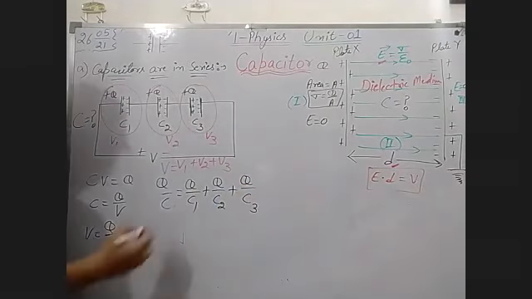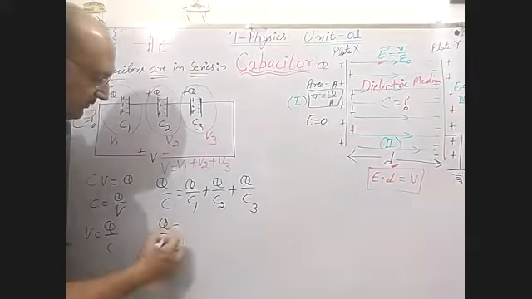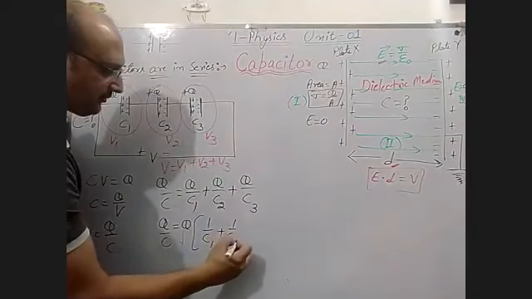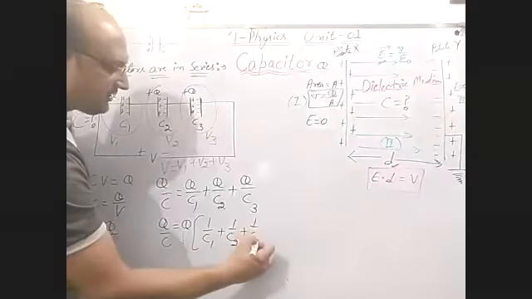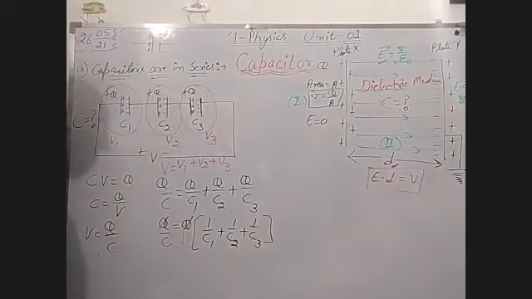Now take common Q. Now we will get 1 upon C1 plus 1 upon C2 plus 1 upon C3. Q to Q cancel.